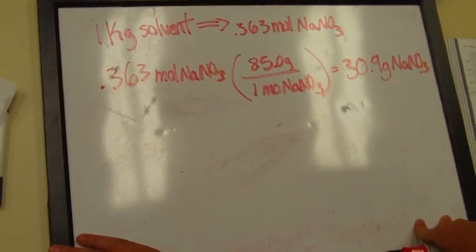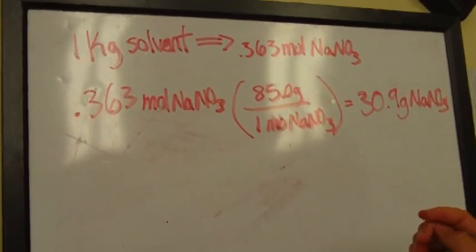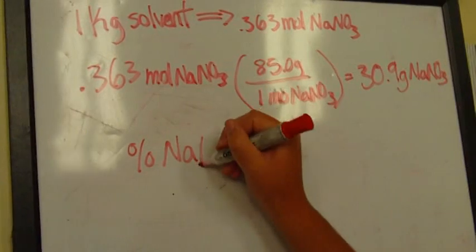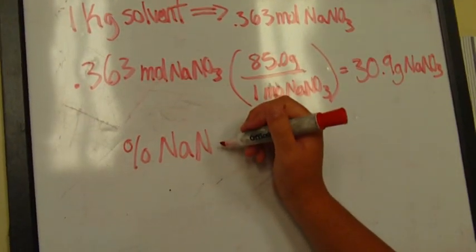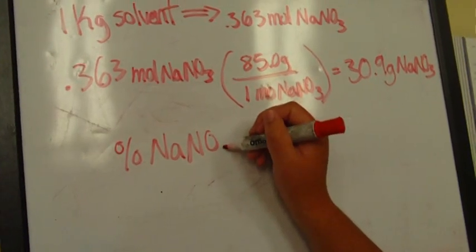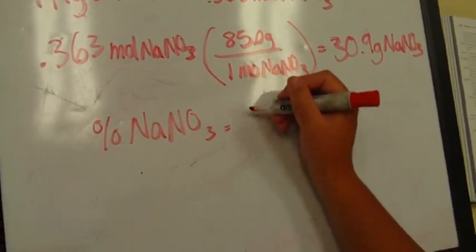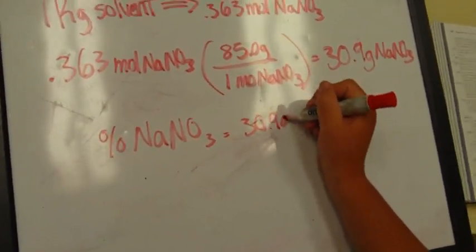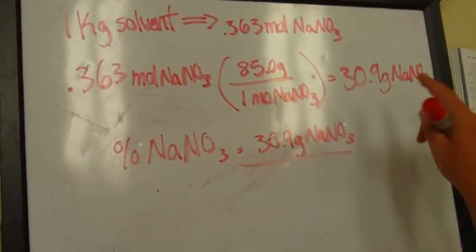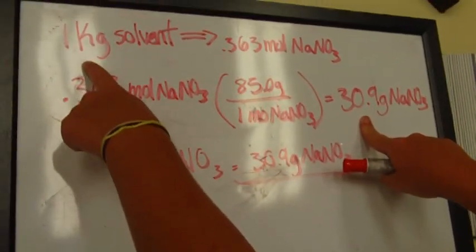Alright, so now we're going to find the mass percent of the sodium nitrate, and that's just going to be the mass of sodium nitrate divided by the mass of the total solution. So it equals 30.9 grams NaNO3, and we're going to add 30.9 grams to 1 kilogram.